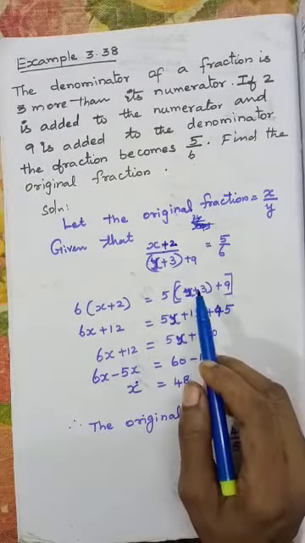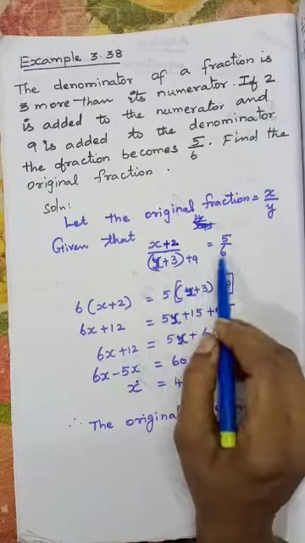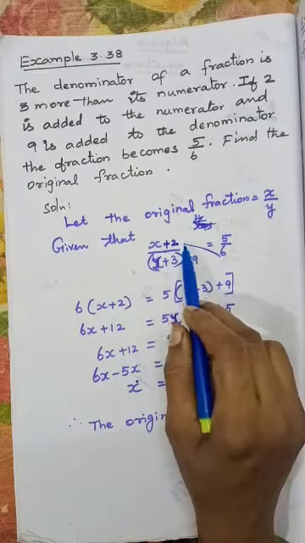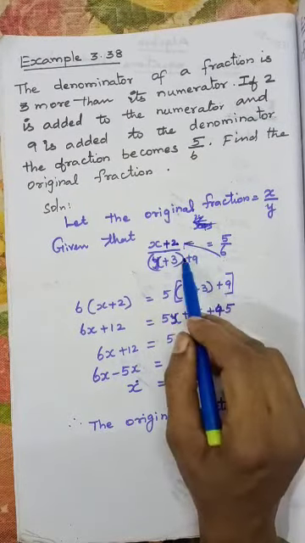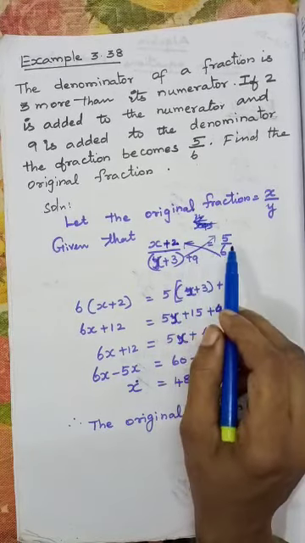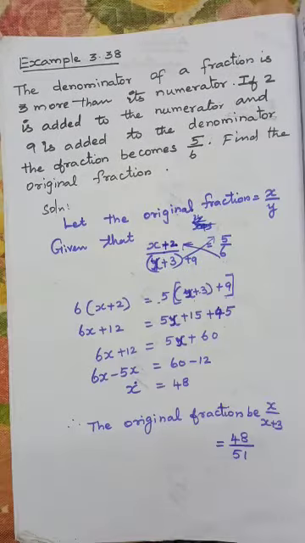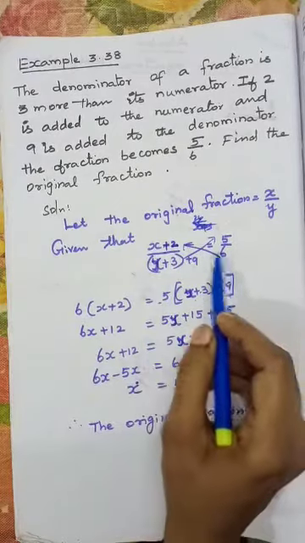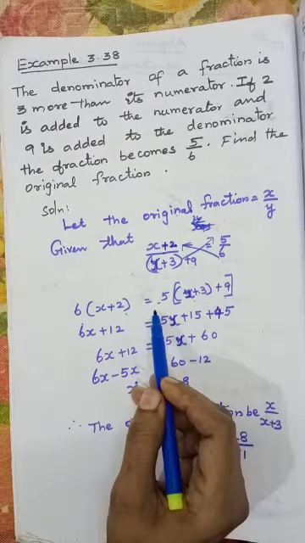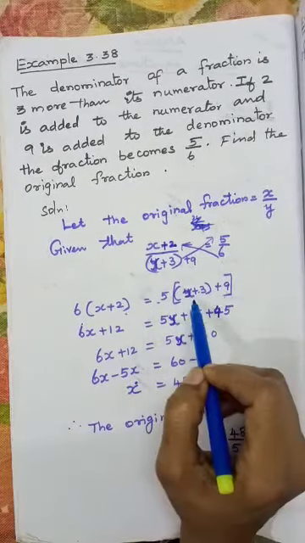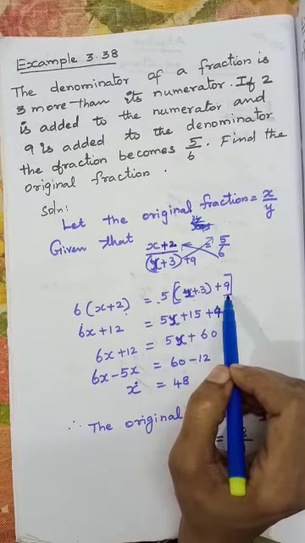Okay. Now we shall cross multiply both. You have to multiply this side by 6 and this side by x plus 3 plus 9. So 6 into x plus 2 is equal to 5 into x plus 3 plus 9. Okay.